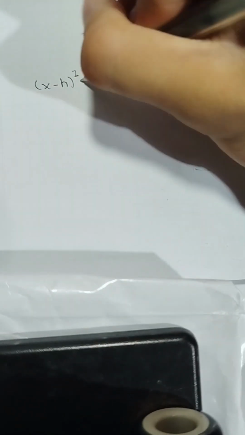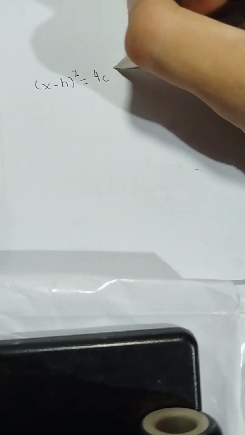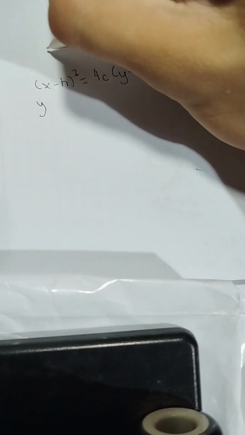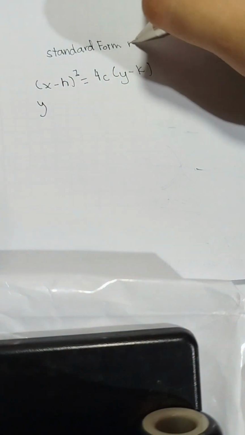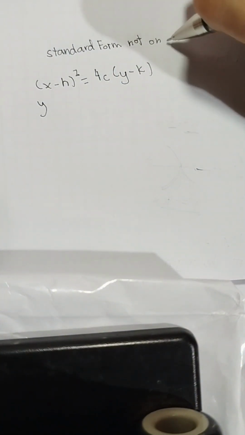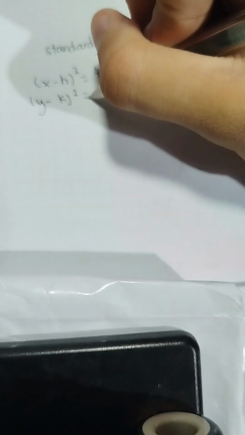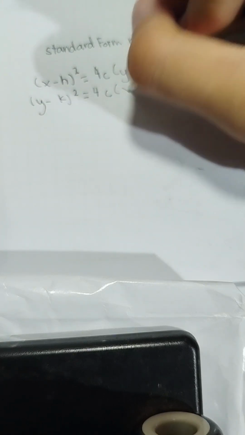If your parabola's vertex is not at the origin, your equation should be x minus h squared equals 4c times y minus k, and y minus k squared equals 4c times x minus h.